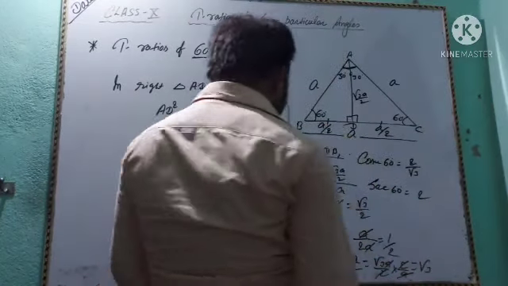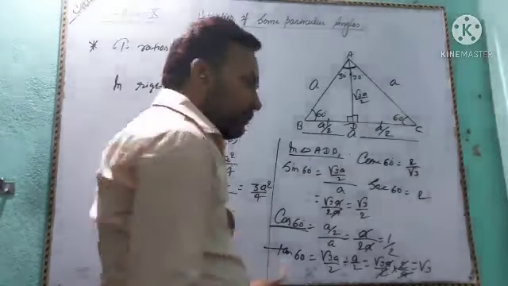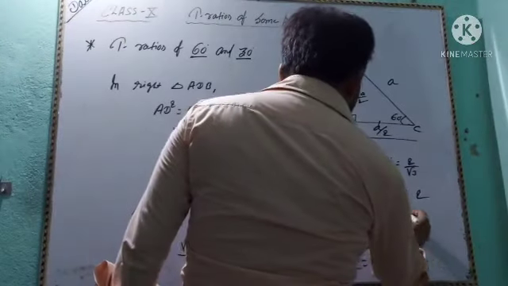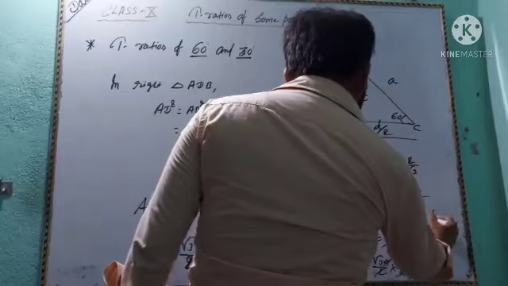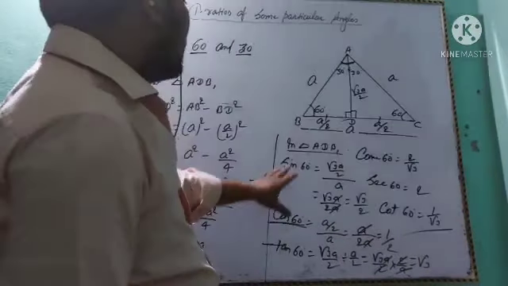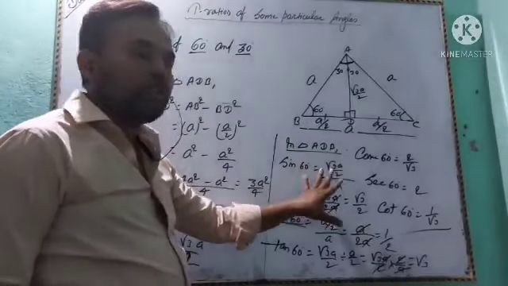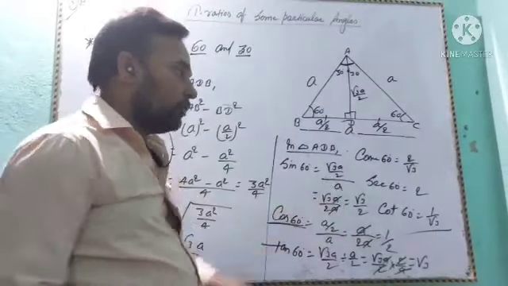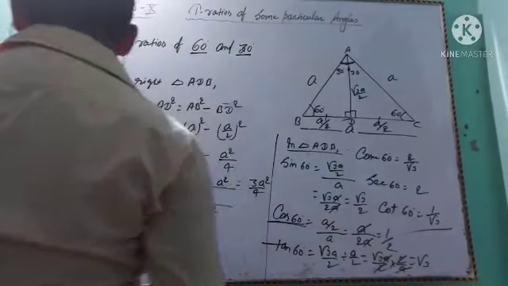And the reciprocal of tan 60 degree is cot 60 degree, that is the value 1 by root 3. Okay, these are the trigonometric ratios of the 60 degree angle.